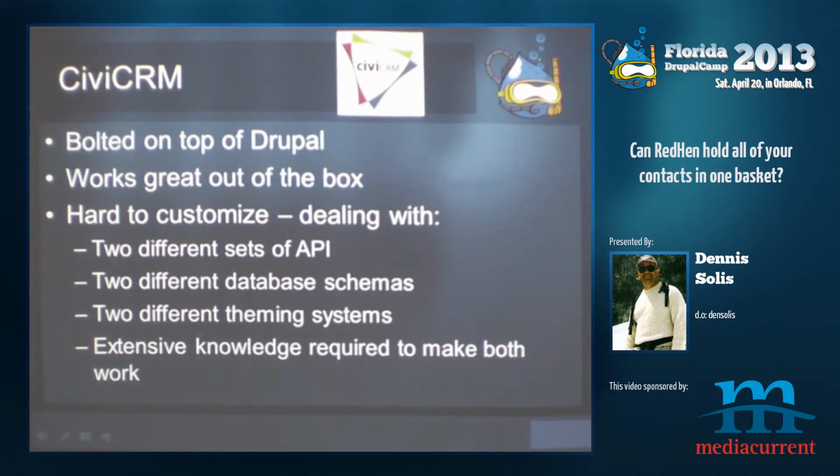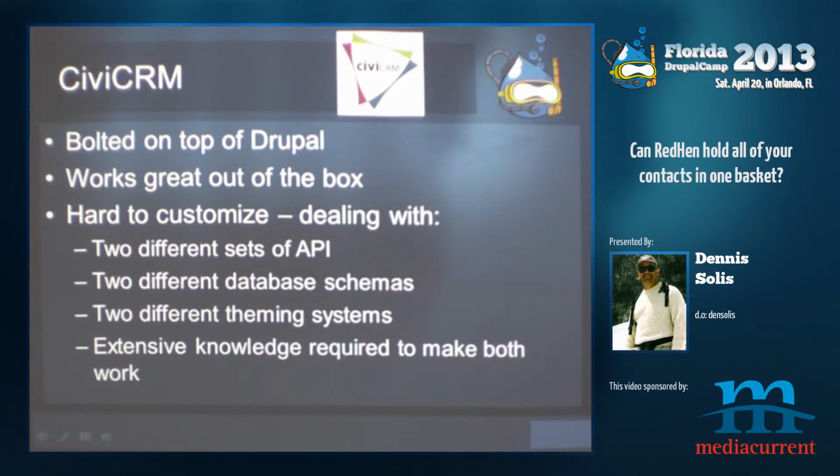So, Civvy CRM, the issue with Civvy CRM is this actually integrates Drupal with a third-party product called Civvy CRM. And it just makes it hard to work with. If you're going to use it out of the box, not make any changes, it works fine. If you want to start making changes, it gets very, very complicated very, very quickly. You've got the Drupal APIs and you've got the Civvy CRM API, so you've got to work with both of them.